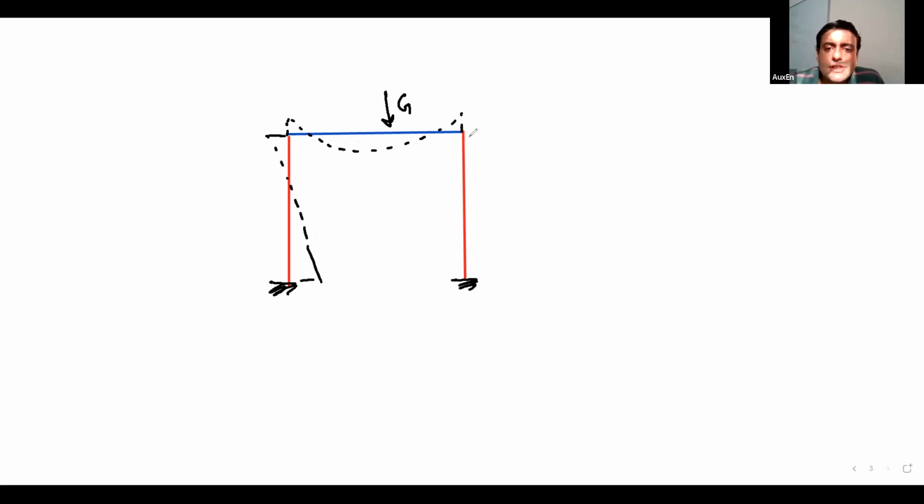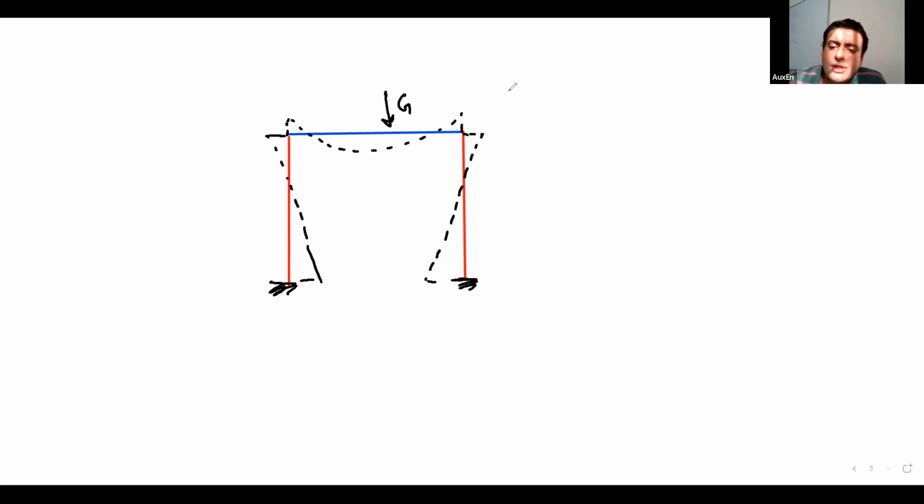This type of bending moment we get. The rigid joints develop moments, and those moments are equally taken by the column and the beam, and that's how your system develops resistance to gravity loads.